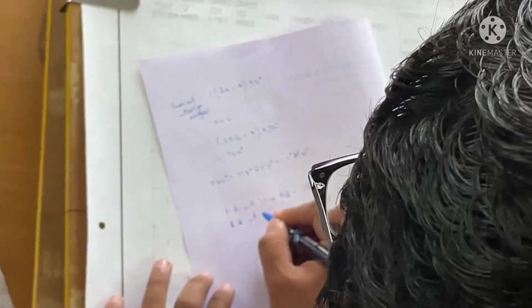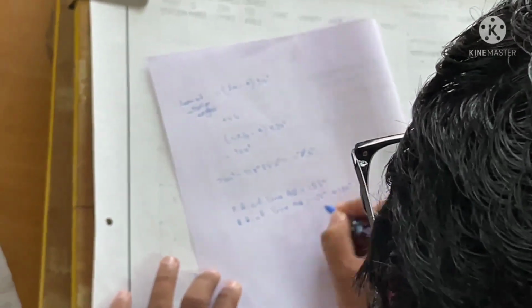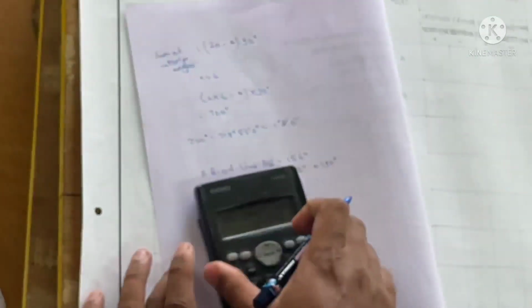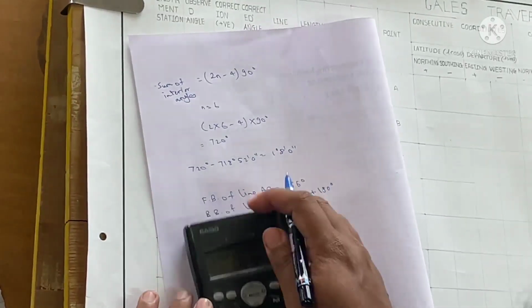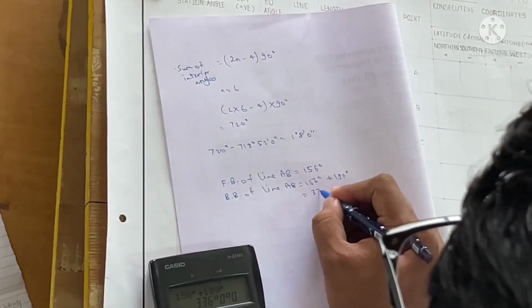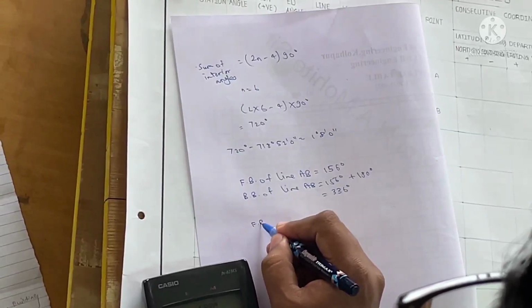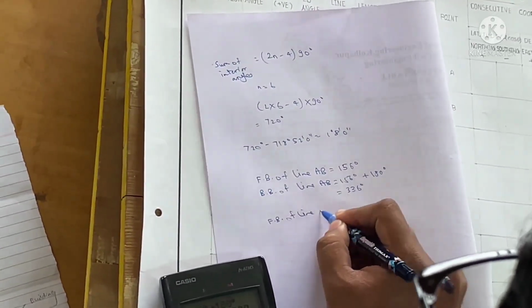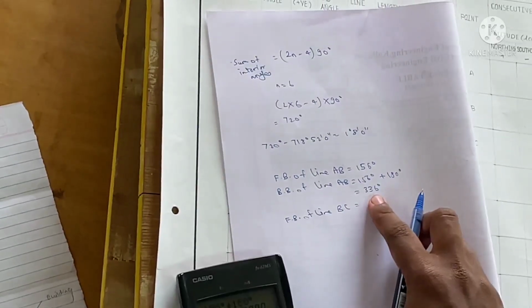So back bearing of line AB will be nothing but 156 degree plus 180 degree, because we know that the difference between fore bearing and back bearing is 180. So it is 336 degree. Now in order to calculate the fore bearing of line BC, we are going to deduct the angle B further.